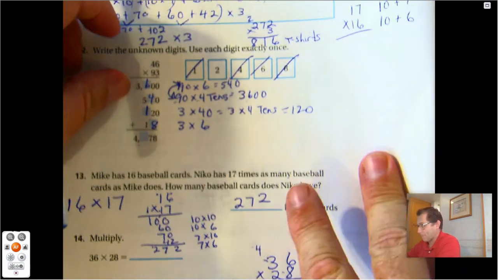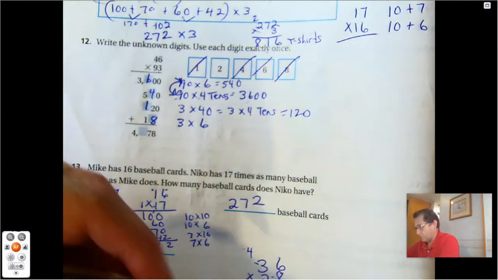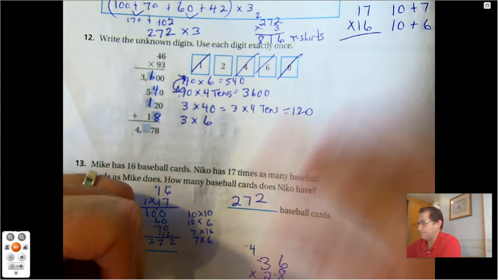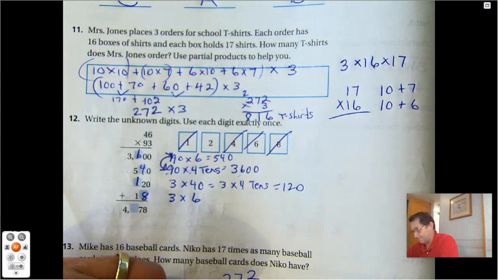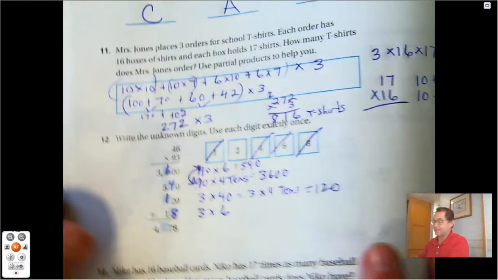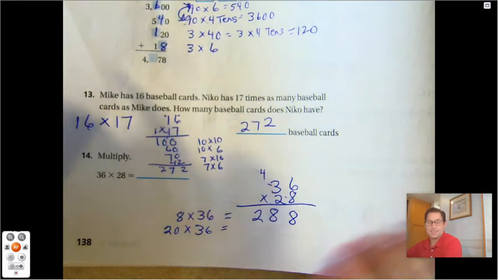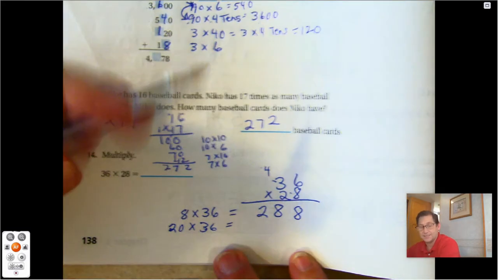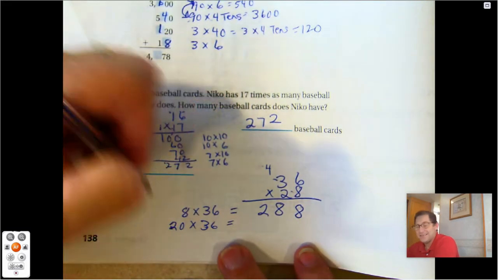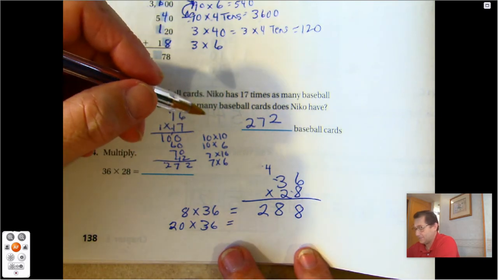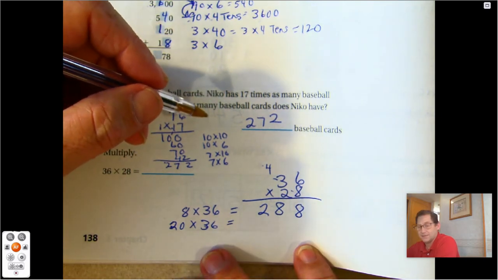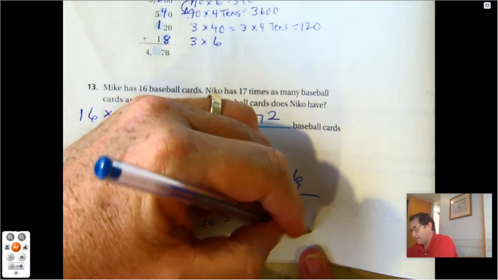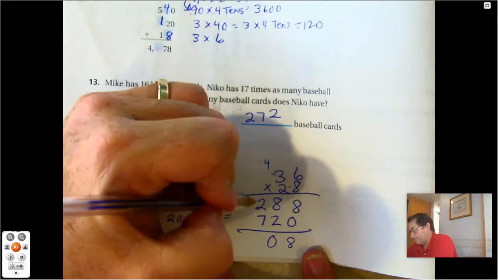All right, then we would go to 20 times 36. 36 times 2 tens is how I'm seeing this in my head. That would be 72 tens, or 720. Add them together, and we get 1,008.